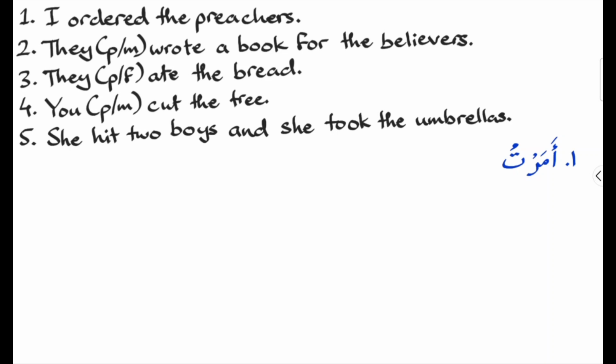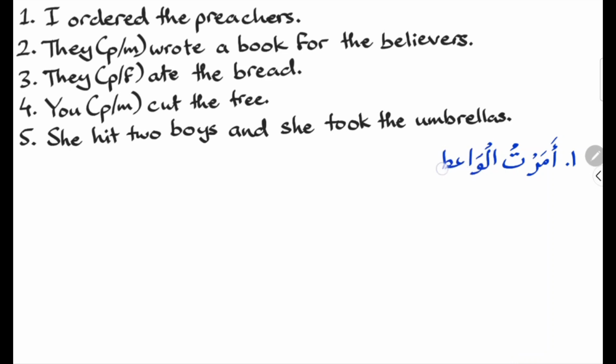They're the people receiving the action of being ordered. So when there's a maf'ul, we know that maf'ul is in halatul nasab, meaning it's supposed to get a fatha. In the state of getting a fatha or a kasra, if it's jama', meaning plural, then you add a ya and a noon. Ina, meaning you add an ina, not an una. So al-wa'idhina.